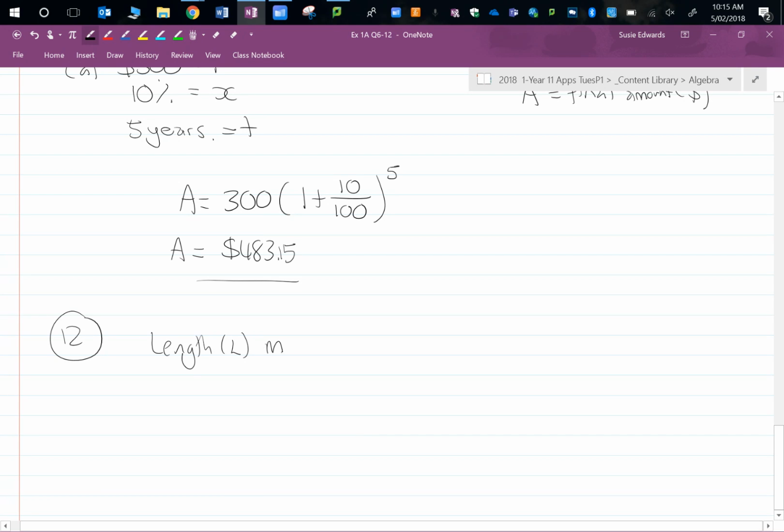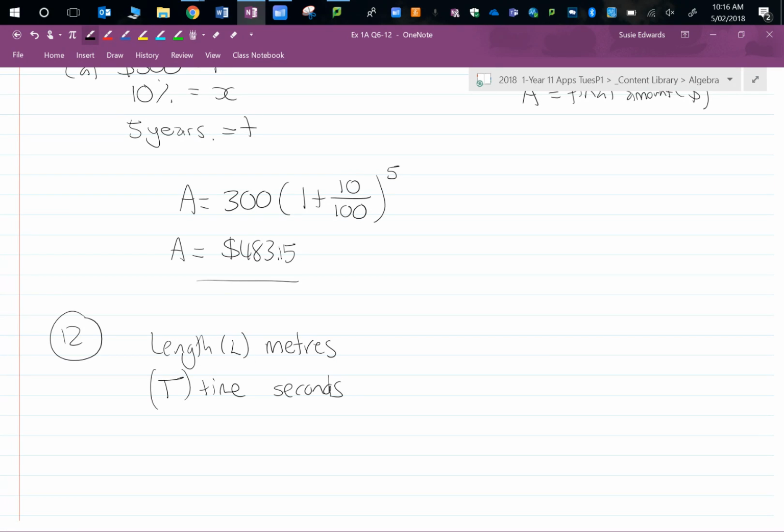So it specifically tells you that it has to be in metres because it says length L metres, to perform 1 cycle is T seconds. So T is time in seconds, where T equals 2 pi times the square root of L over 9.8.